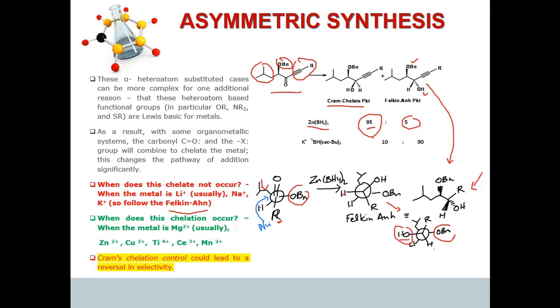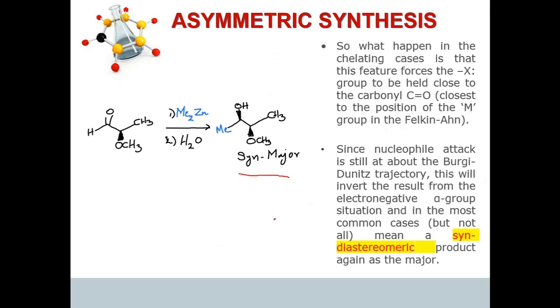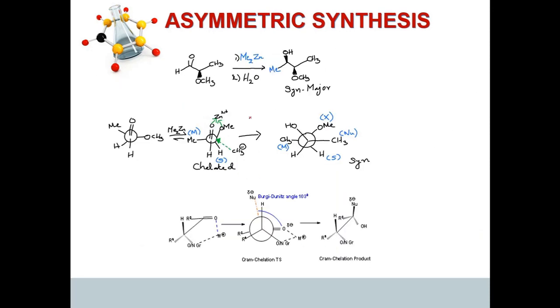Now, we need to understand why and how this Cram chelate product becomes a major product in this particular situation, and that is what we are going to see here. Let me take up this molecule. So, in this molecule I am going to add methyl. Now I have my electronegative or my hetero group here perpendicular to the carbon.